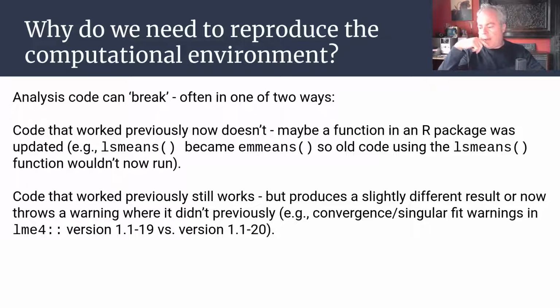Well, a couple of very salient examples. One really focused on the fact that analysis code can often break in two ways. What this means is that a script that you might have written using a particular version of R or a particular version of R packages works fine as long as you're using the same version of R and the same version of the R packages that you used when you ran the analysis initially.